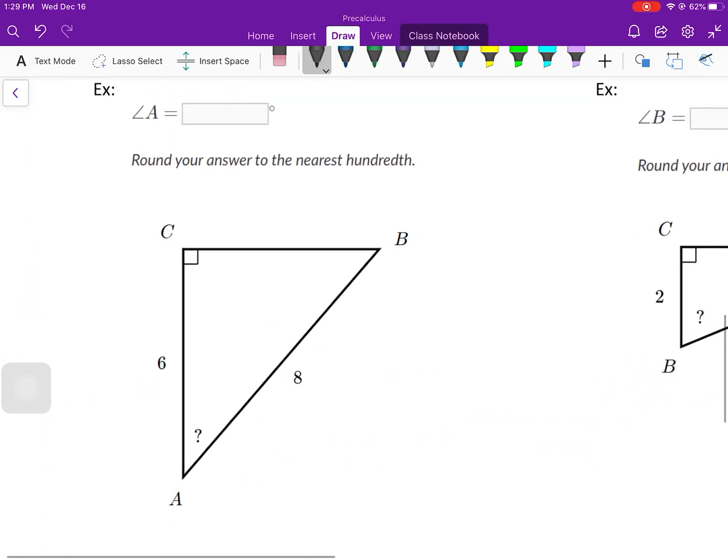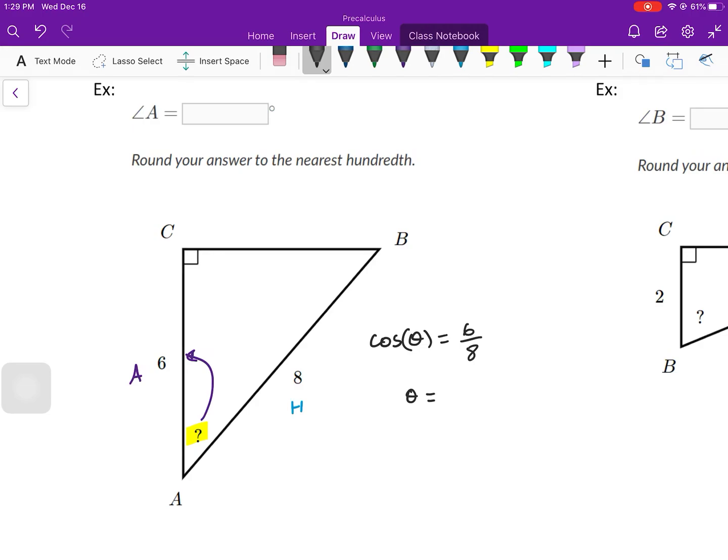Let's take a look at this one. So here's our reference angle right here. We'll call it theta. And we have adjacent this time, and our hypotenuse. So that's going to be cosine. Cosine of theta this time equals 6/8.